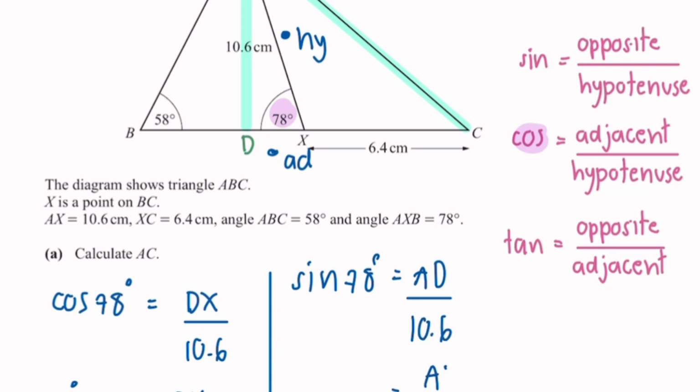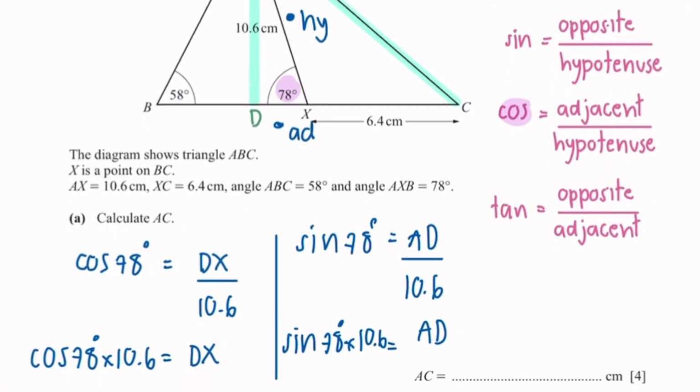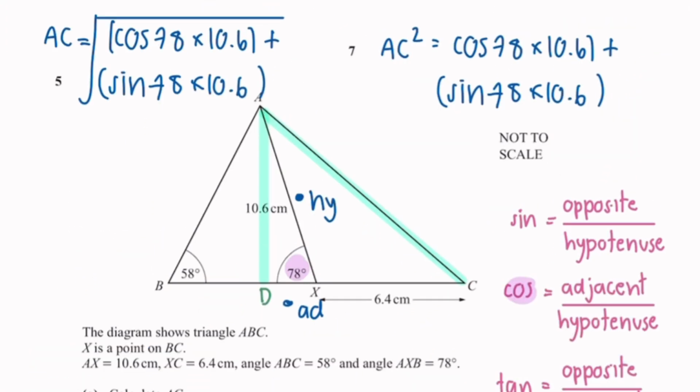Therefore, AD is equal to sin 78 multiply 10.6. Therefore, we are going to use the Pythagoras theorem. And if you use the calculator, AC is equal to 13.5 centimeter.